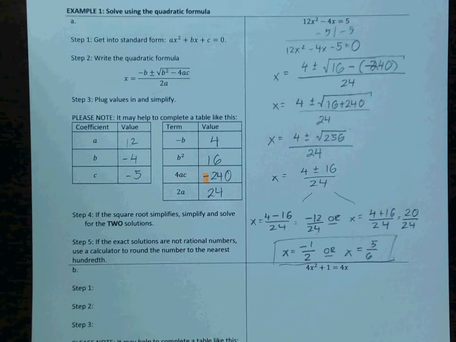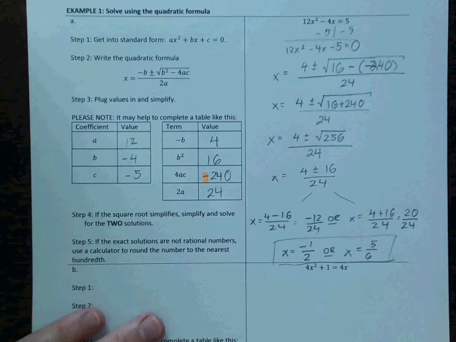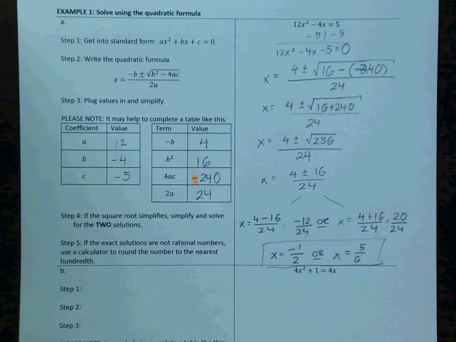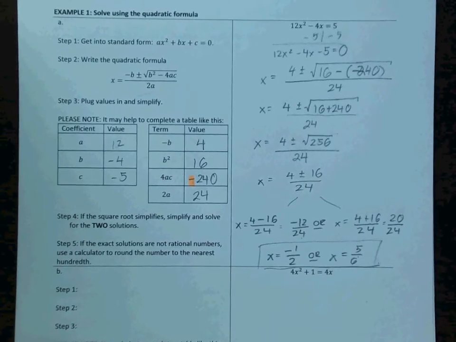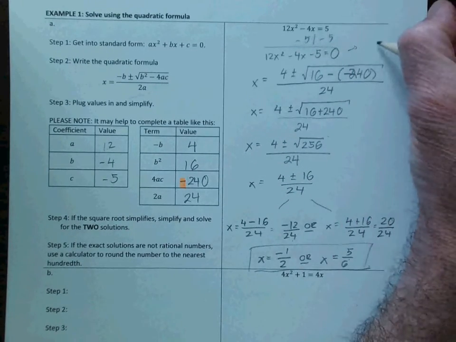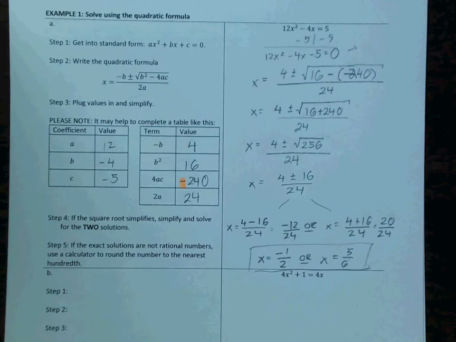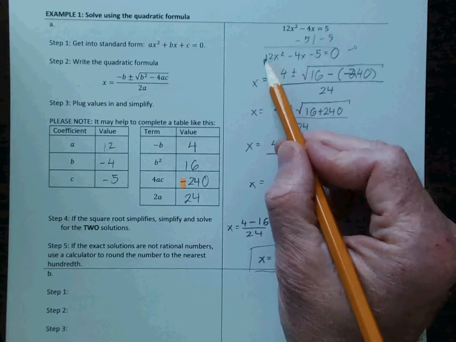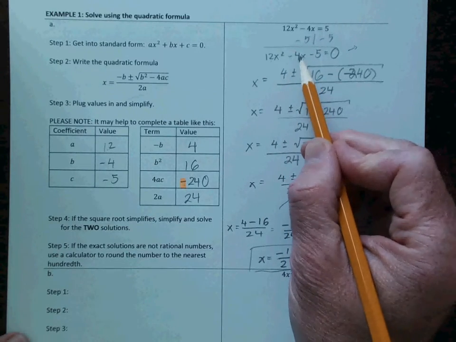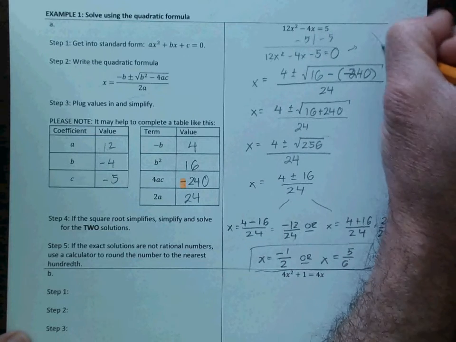A quick comment here, although I will not fully solve it, is you'll notice the answers here are just fractions, which is going to happen with each of the problems today. Up here, you could have solved this by factoring. Factoring was an option. I would not have used completing the square because A was not 1. I would not have used square roots because it has a bx term, but it does factor.